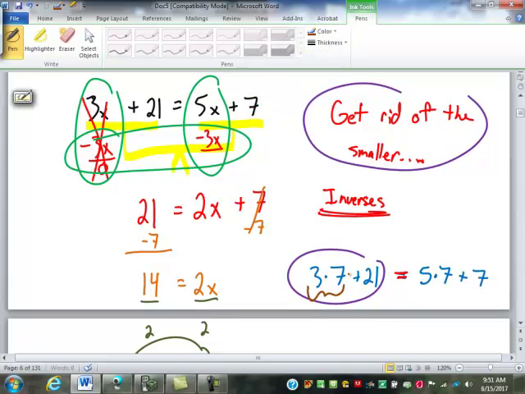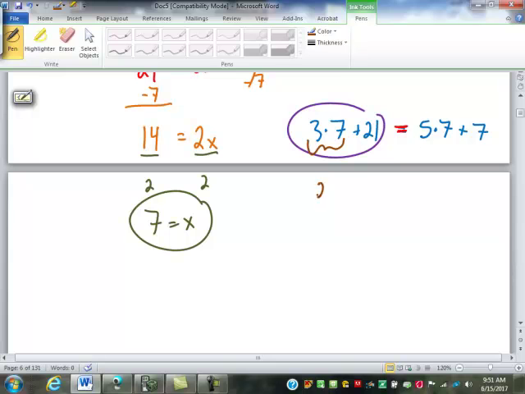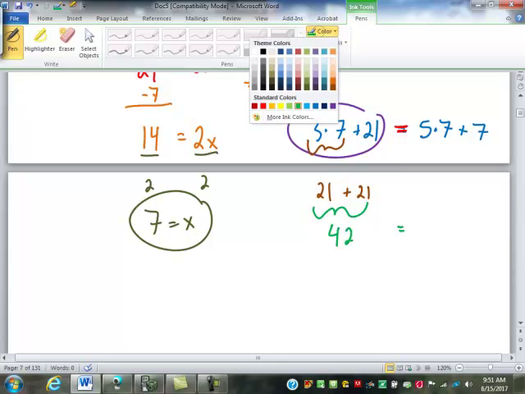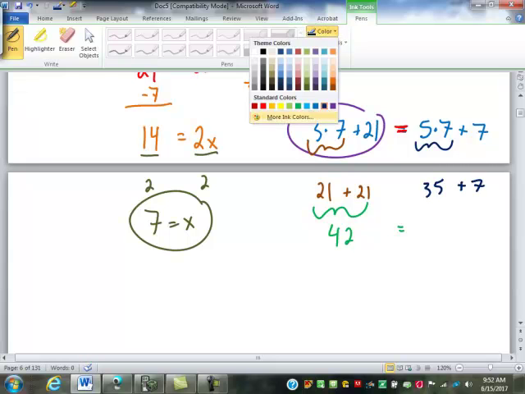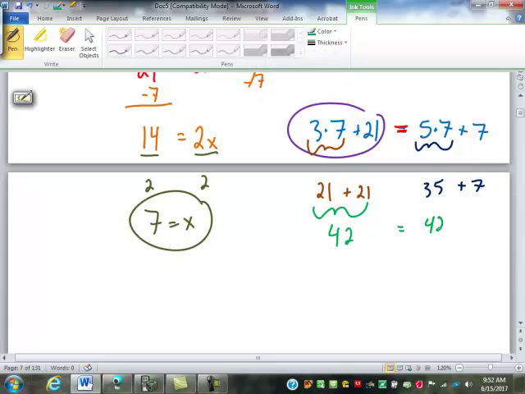Multiply. 3 times 7 is 21. And then 21 plus 21 is 42. Now I'm going to look at the right side. What's the first thing I have to do there? 5 times 7 is 35. 35 plus 7? 42. So I get the same result on each side.